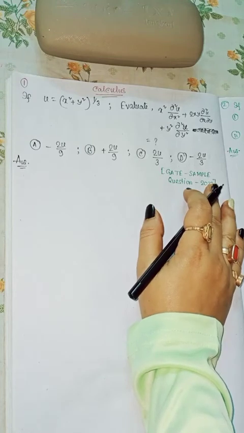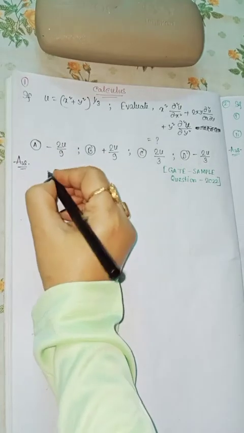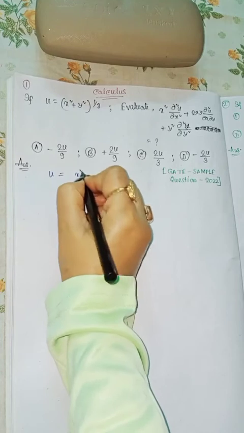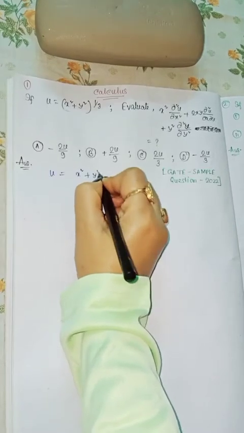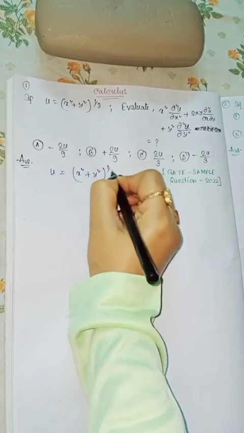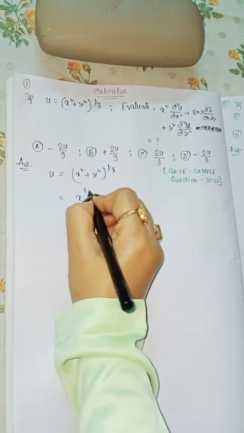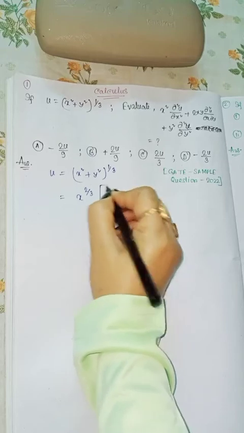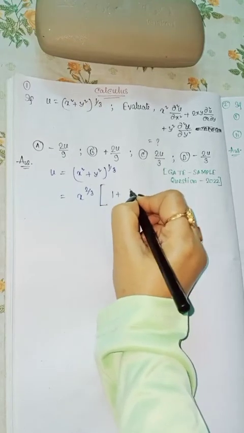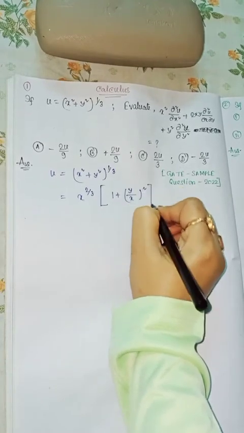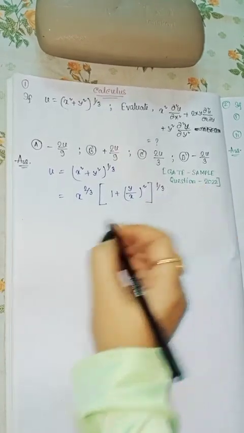And here u is equal to the given (x square plus y square) whole to the power 1/3. So just taking x square common, this becomes x to the power 2/3 into (1 plus y by x whole square) whole to the power 1/3.